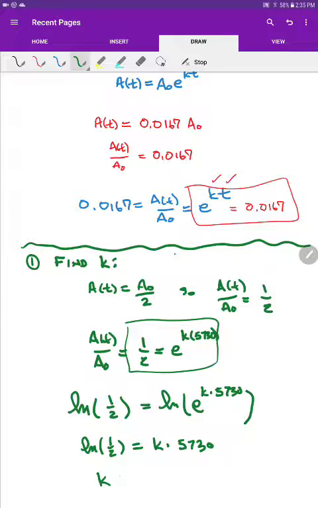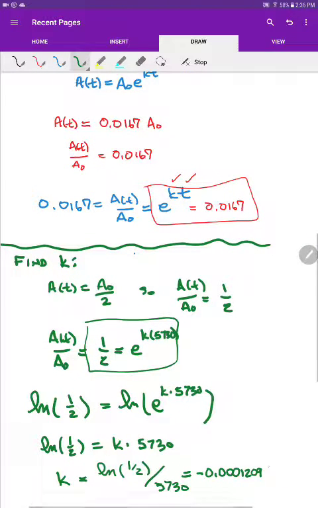So k is going to equal the natural log of 1/2 over 5,730. If you do that calculation, since this is smaller than 1, it's going to be a negative number, a very small number, 0.000120968.